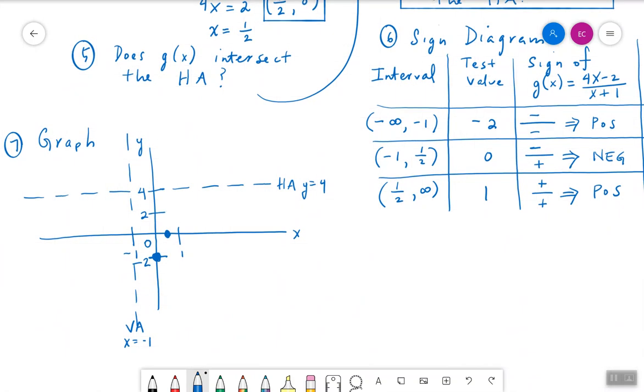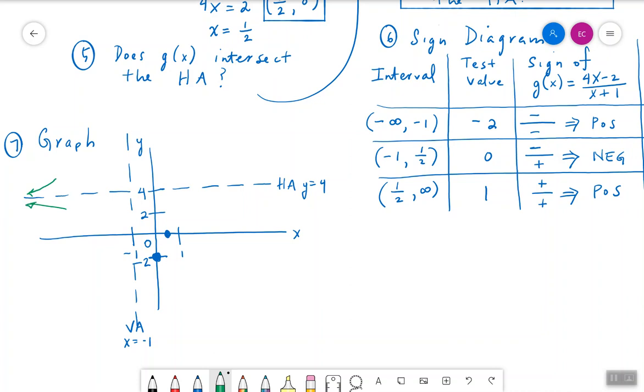Okay, so here I like to change pen color when I'm drawing in the graph. It doesn't really matter what color it is. Let's start from the left end of the graph and work our way over. You know that at the left and the right ends of the graph, we have to approach the horizontal asymptote. There's only two ways to do that, from above or from below.